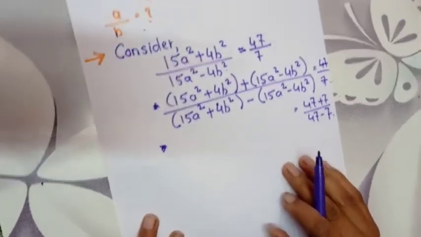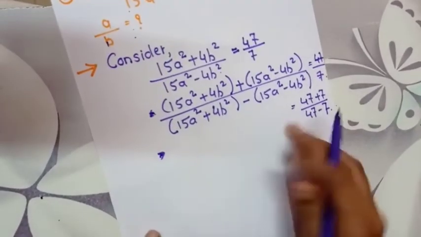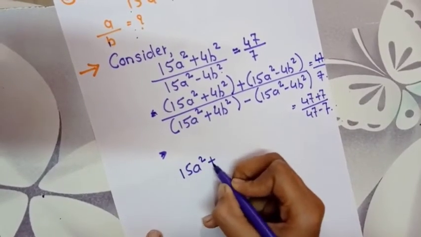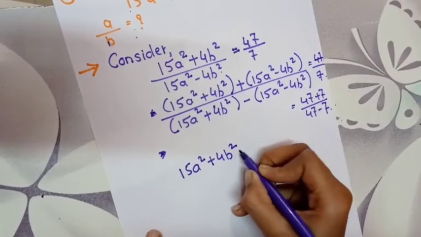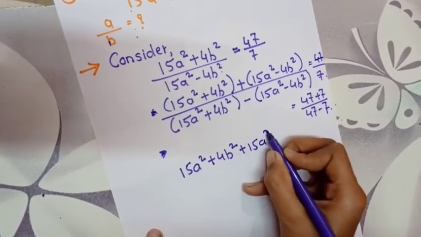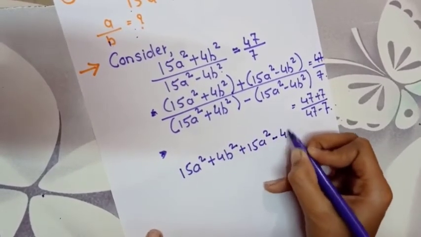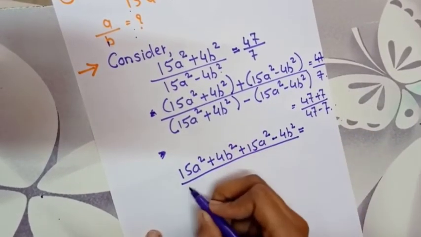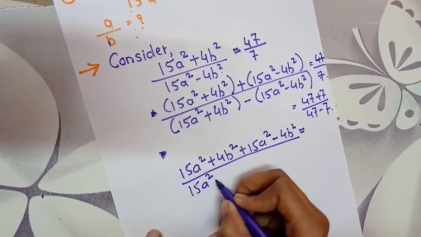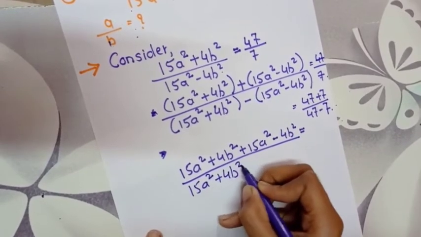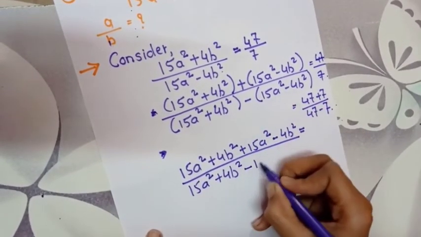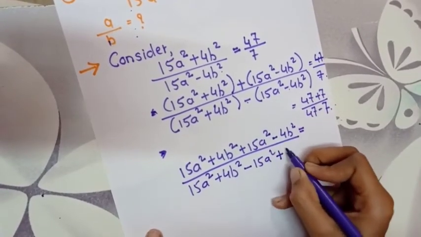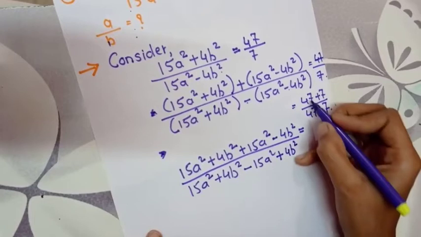Now, by opening these brackets, we will get 15a square plus 4b square plus 15a square minus 4b square by 15a square plus 4b square minus 15a square plus 4b square.